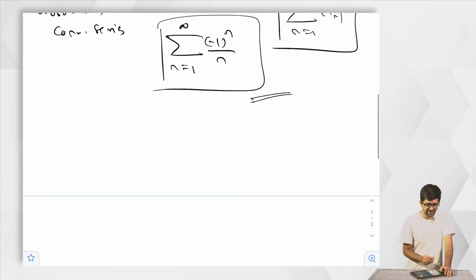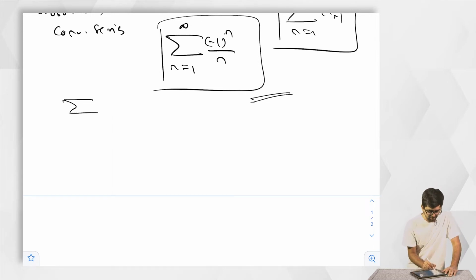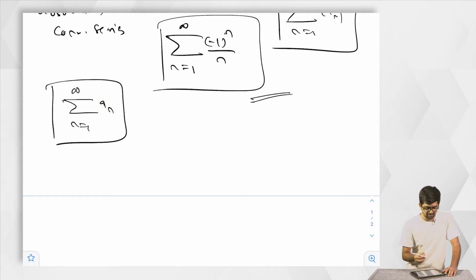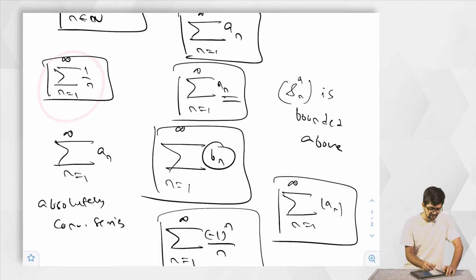Again we were looking for examples of series that are convergent. For that to make sense, we need to start with a series where a_n goes to 0. As I said, we mentioned the series summation 1 by n.